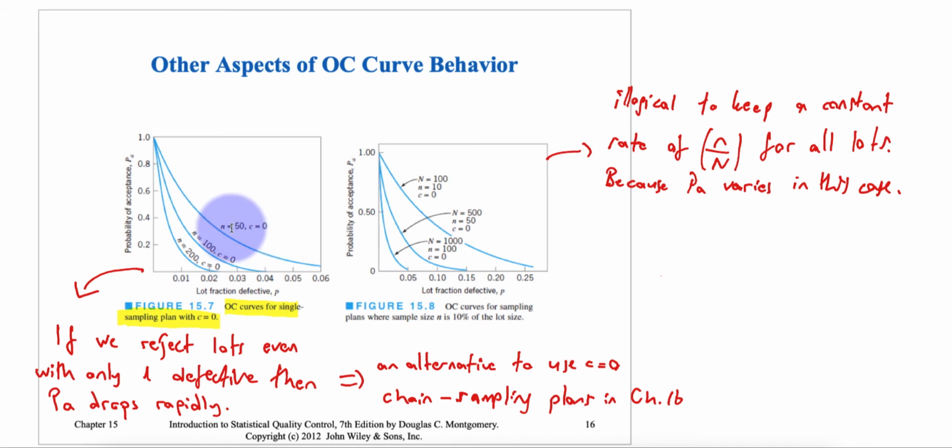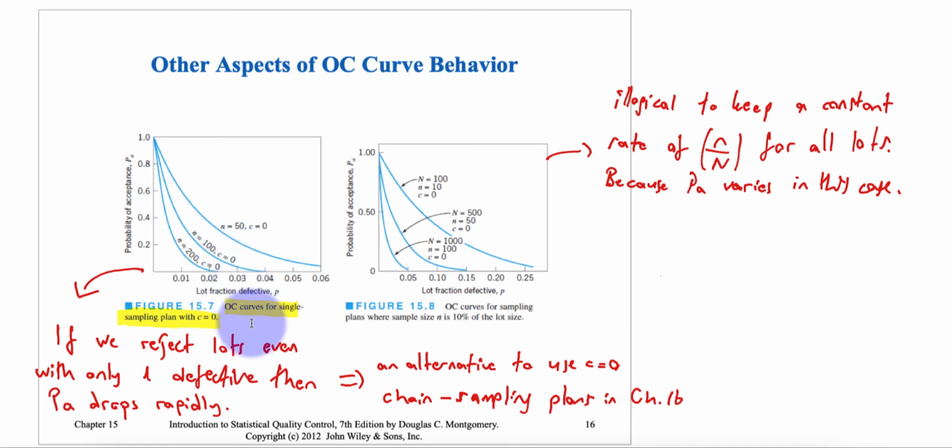In this case, if we use larger samples, the probability of acceptance will be very low, right? Even if the acceptable quality level is 0.01, for example, the probability of acceptance is getting lower, right? So we cannot use the usual sampling plans with the case C equals 0, all right?